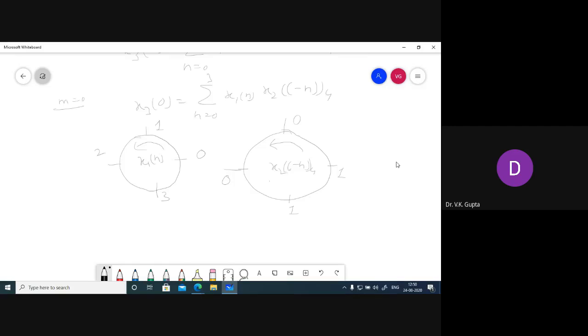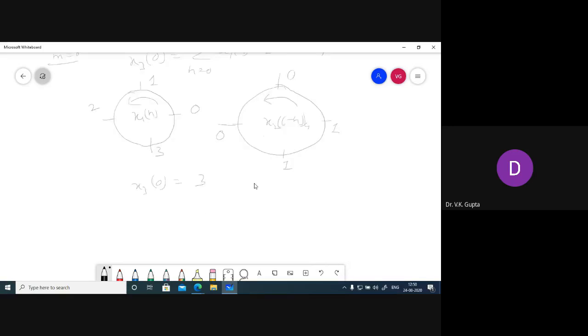So what is the value of x3(0)? 1 into 0, 0, 1 into 0, 0, 2 into 0, 0, 3 into 1, 3. So x3(0) is 3.